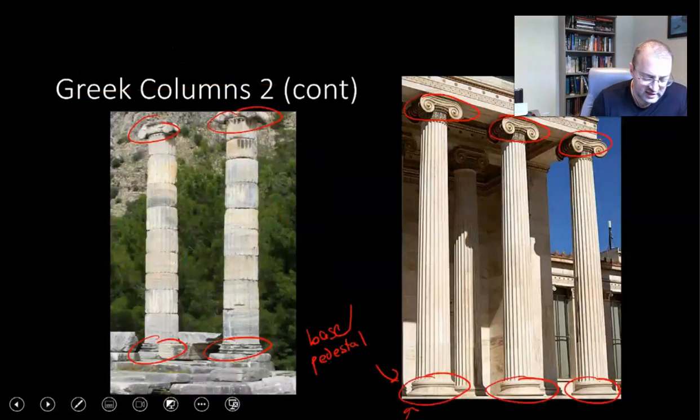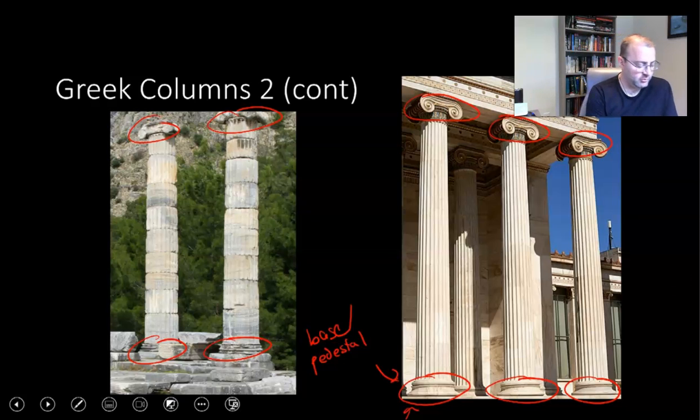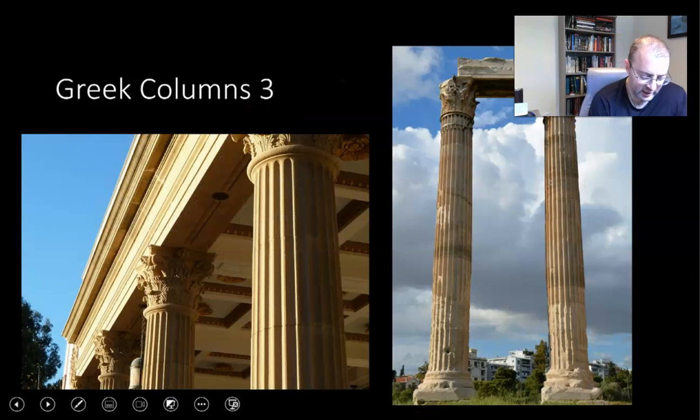One of the reasons that Ionic columns tend to use pedestals is that they do tend to be taller and more narrow than not only Egyptian columns, but Doric columns as well. So having this broader base for the column makes the column a little bit more sturdy when it's more narrow like that.